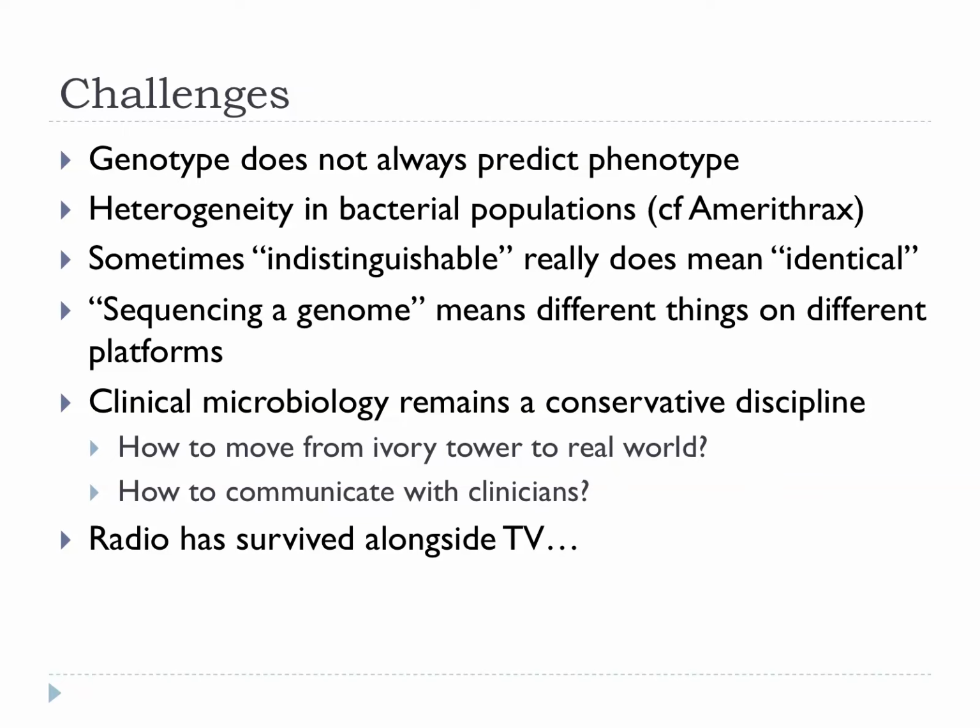If you'd just genome sequenced the whole population, you wouldn't have seen that. It relied on people actually saying, oh, that looks different, and then picking that colony and sequencing it. And so we have to be careful about being overconfident. And sometimes indistinguishable really does mean identical. We don't know what the rate of change is in each lineage until we actually go out and measure it.